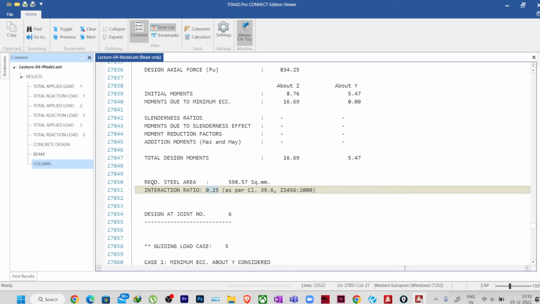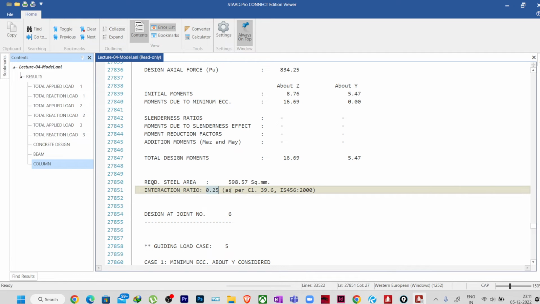That means the column size given for this particular column is very high. Otherwise the interaction ratio may come as 0.5 or 0.8. When the value is 0.5 to 0.8, you can say that the column is designed economically. Otherwise maybe the steel provided is higher, or the section we have taken is very high in terms of the demand of moment and axial force.